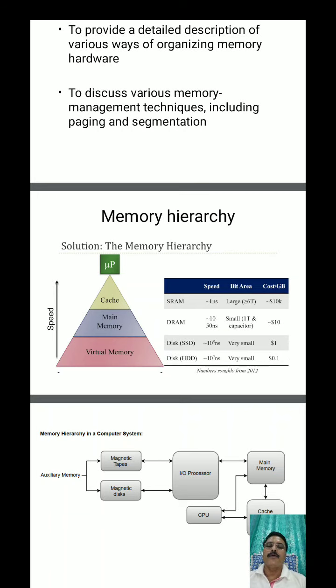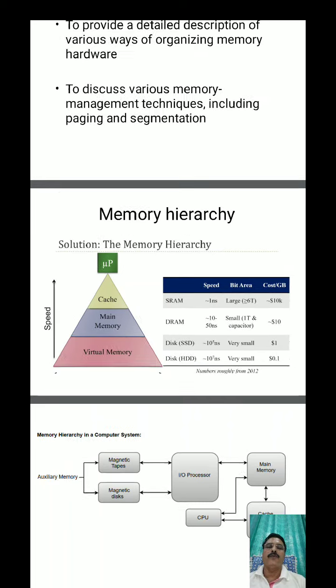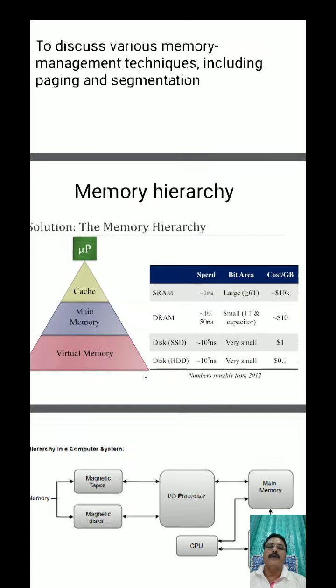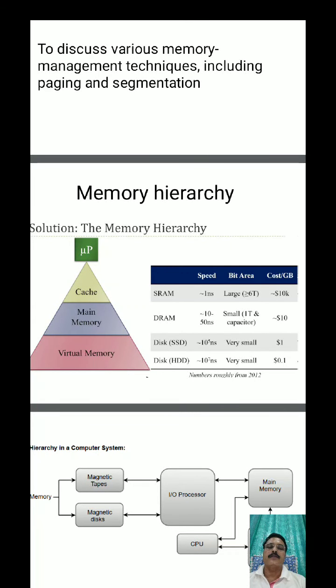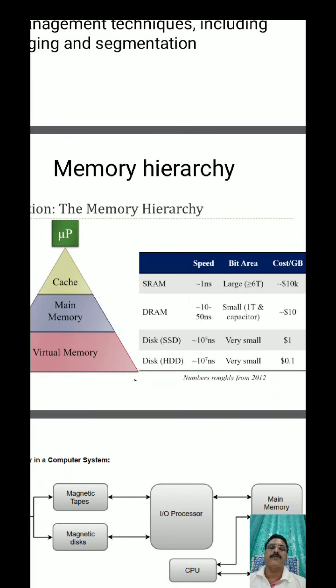Now when we go from bottom to top, the speed of the memory increases, and as we move from top to bottom, the size of the memory increases. Static RAM and dynamic RAM have a speed of around 1 to 50 nanoseconds, and disks, that is SSD and HDD, have a speed of around 10^5 to 10^7 nanoseconds.